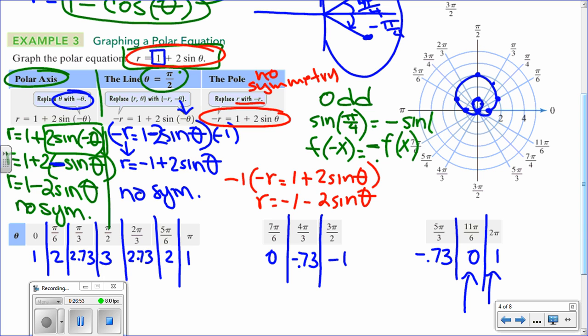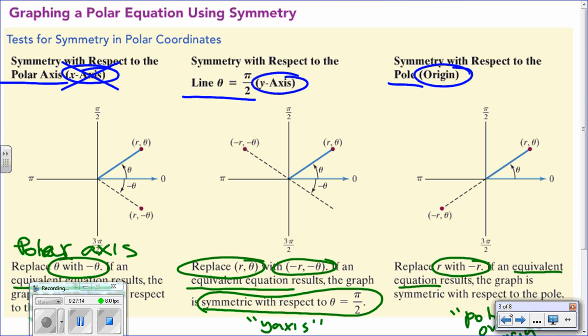With the line pi over 2. Very good. The one that in rectangular coordinates we call the y-axis. If we were to fold it along this axis, we will have the same. Even though algebraically, don't ask me why, because the book doesn't even explain why. It just happens.